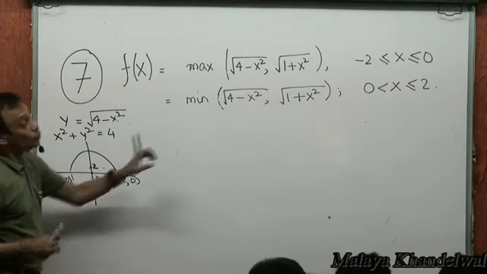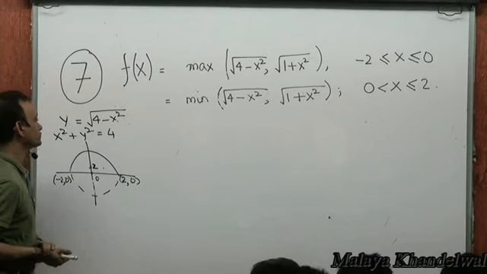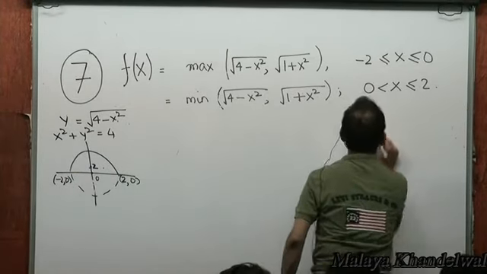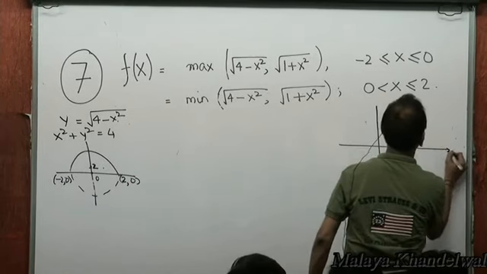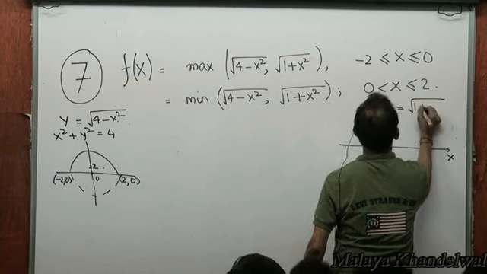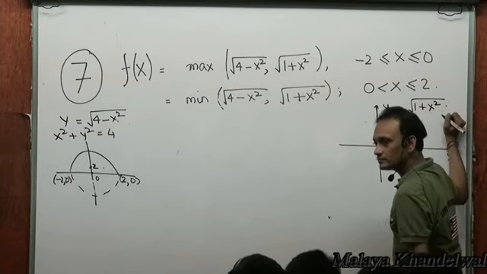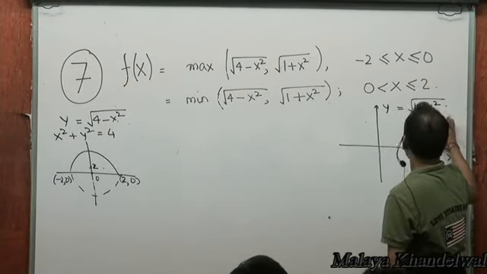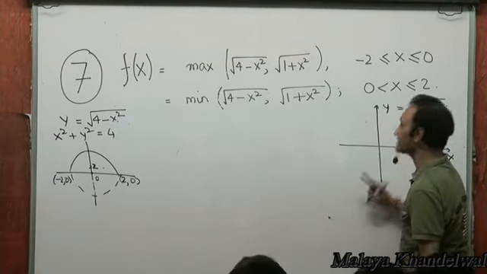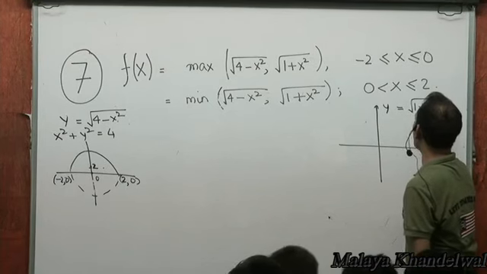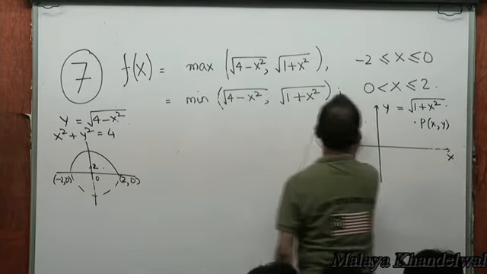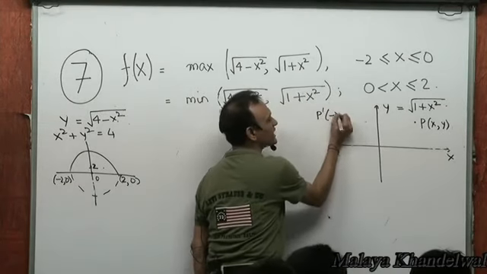Now, root 1 plus x squared. For y equal to root 1 plus x squared, you know one thing for sure: y is never negative. And if x comma y satisfies this, then minus x comma y will also satisfy this. If P (x, y) lies on the graph of the function, then minus x comma y will also lie on the graph.